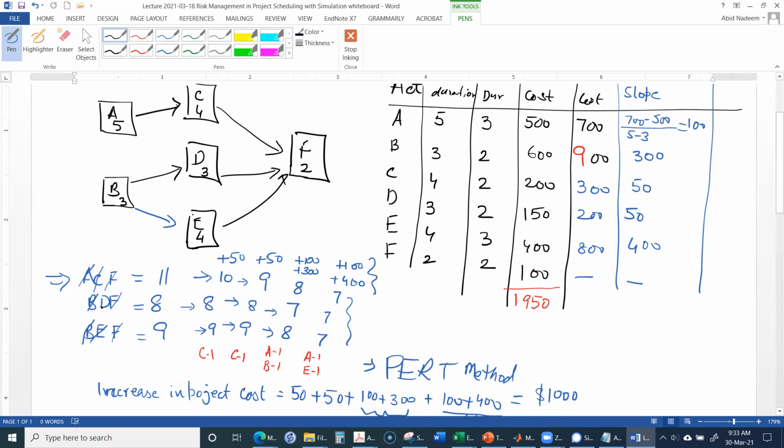That's why we did not crash activity D at all, because activity D was not needed. It may have some slack available. So reducing activity D will not reduce the duration of the project in this case. In the end, we got 7, 7, and 7 days of project duration.